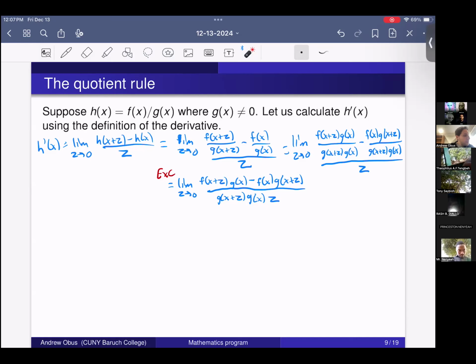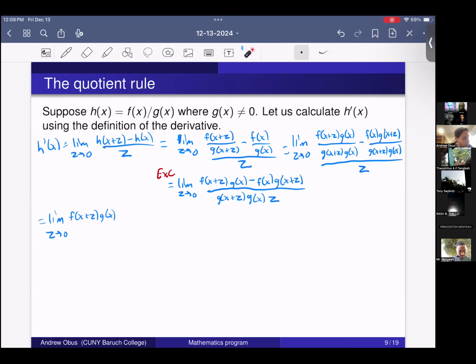Okay, so now we do the same trick we did with the product rule. We're going to add f of x times g of x and subtract f of x times g of x. Kind of a magic trick that makes this work. So I'm going to say we have f of x plus z times g of x.